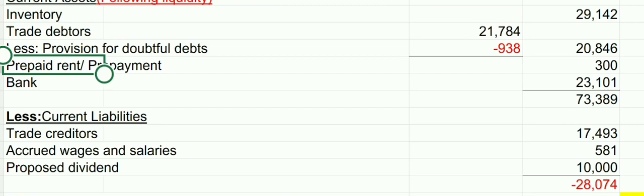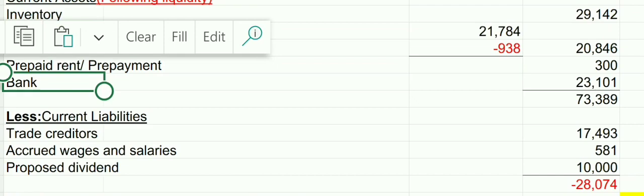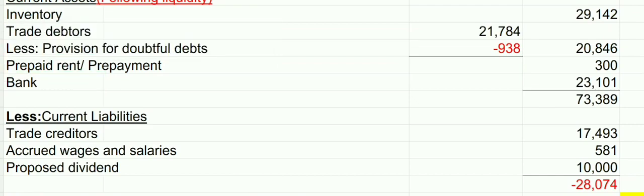Prepayment, you paid the cash already, but the cash is not with you, you have paid it to someone else. Bank, anytime you can get the cash from the ATM. So bank is the easiest source of cash.